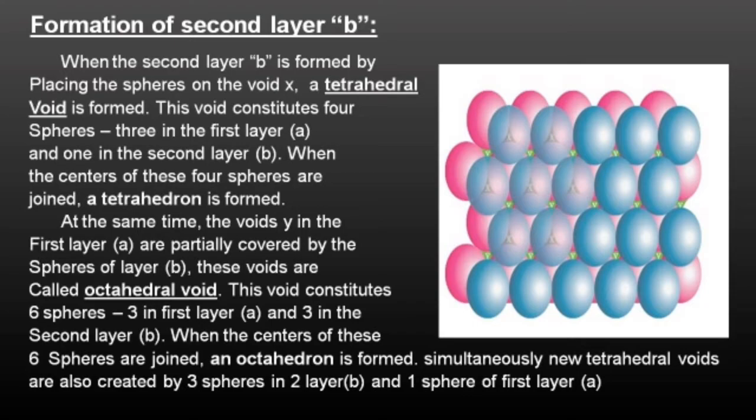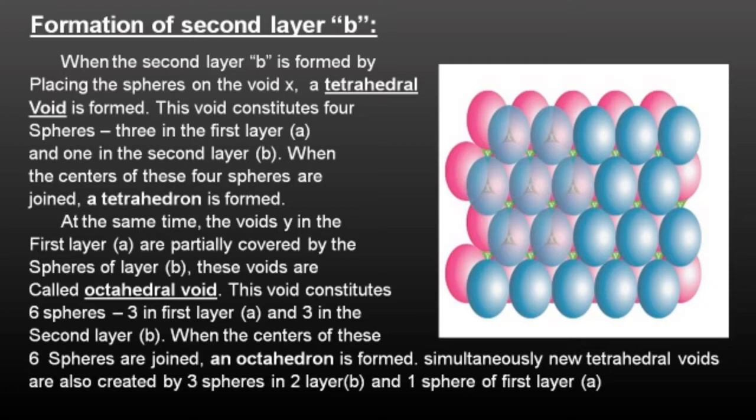At the same time, you see the diagram. In the first layer, the Y voids are partially covered by the spheres of the second layer B. This type of void is called an octahedral void. Why are they called octahedral voids? They contain 6 spheres. See the diagram.